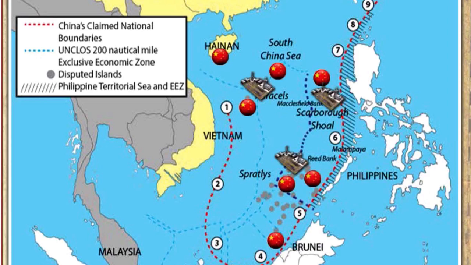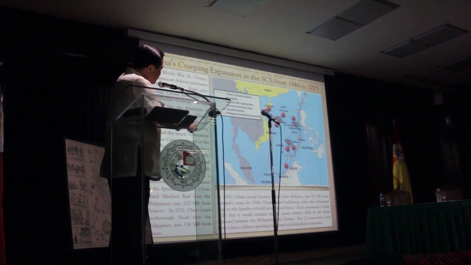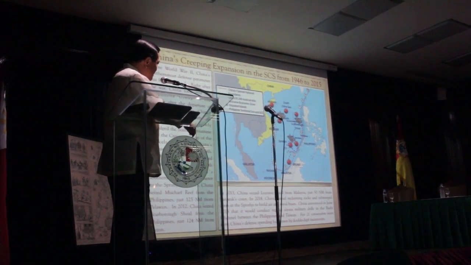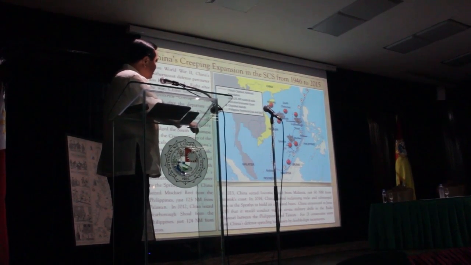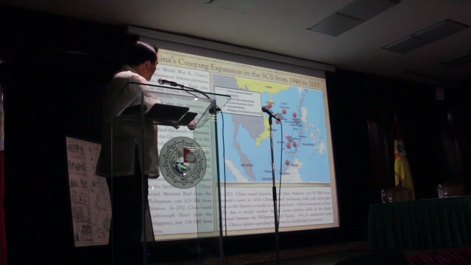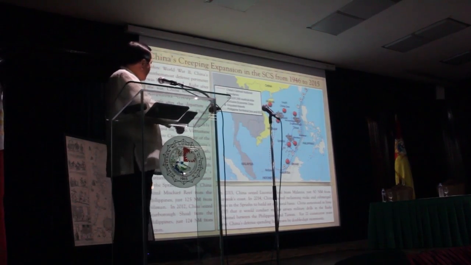And in 2013, China seized Philippine Shoals from Malaysia. So China has moved its defense perimeter further south towards the 9-dash line. For 21 consecutive years, Chinese defense spending has grown by double digits, and that has made it confident that it can now enforce the 9-dash line as its national boundaries.